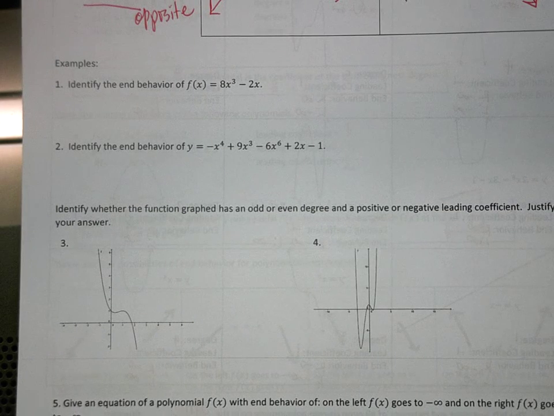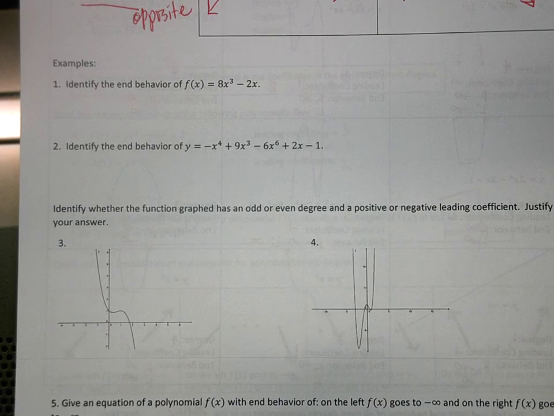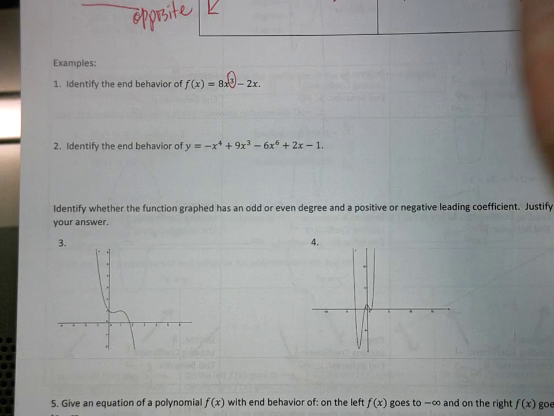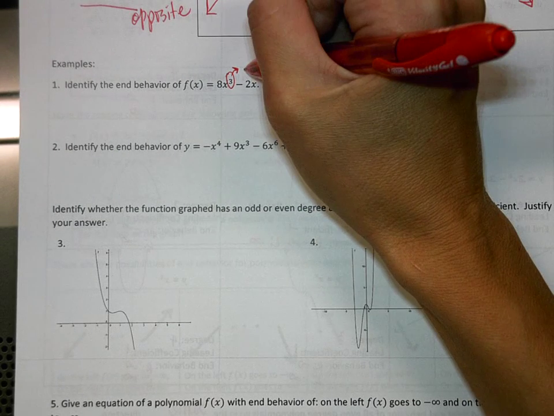It says identify the end behavior of this equation. So first thing you need to notice is the degree. So what is the degree of this polynomial? 3. Okay, so my degree is 3, which means, what kind of number is that? Odd.